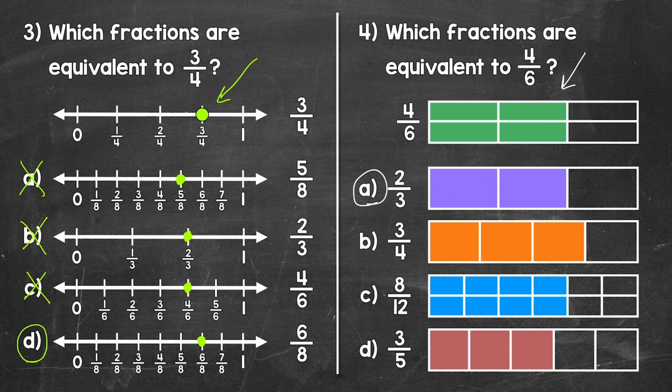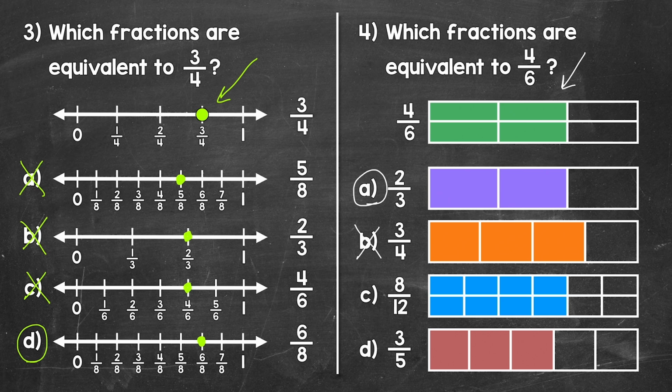Let's move on to B, where we have 3/4. Is 3/4 equivalent? No, 3/4 is greater than 4/6. A greater amount of that rectangle is shaded in. So this is not equivalent. Taking a look at C, we have 8/12. 8/12 has the same amount of the rectangle shaded in.